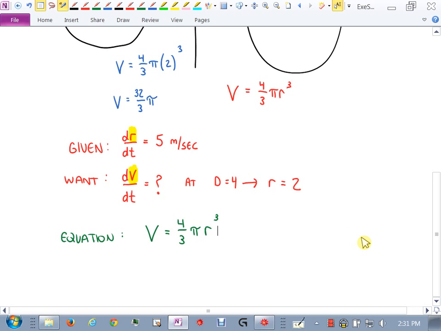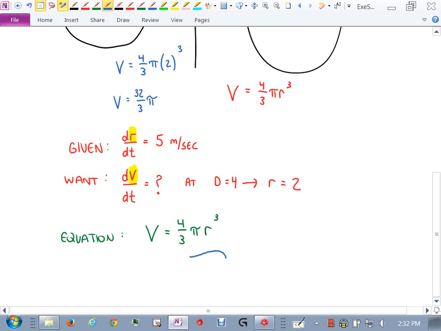What are we going to do now? Take the derivative, right? We're not going to plug in 2, right? We don't plug in 2 right now, because that means you have fixed it, and the derivative of that will always be 0. It's like saying, hey, stop moving, and then say, I'm going to figure out how fast you're going. You know, we can't stop it. We have to let it keep moving.